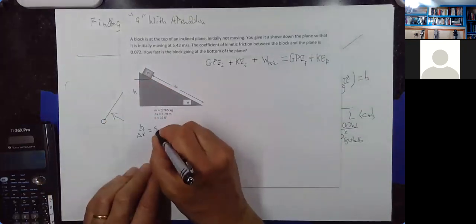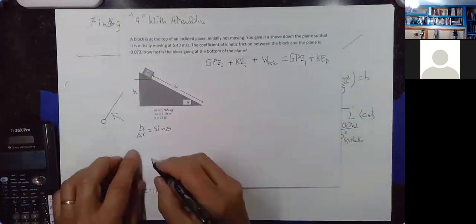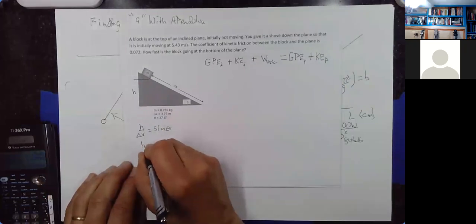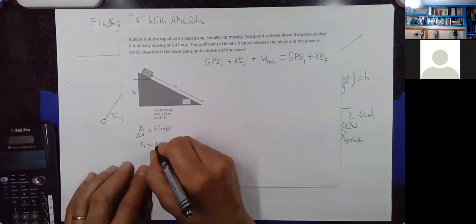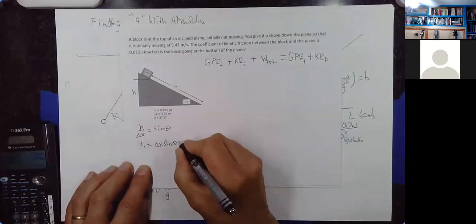That's going to be the sine of that angle theta. And so I can figure out the height that it descends through. It's just going to be delta x sine theta.